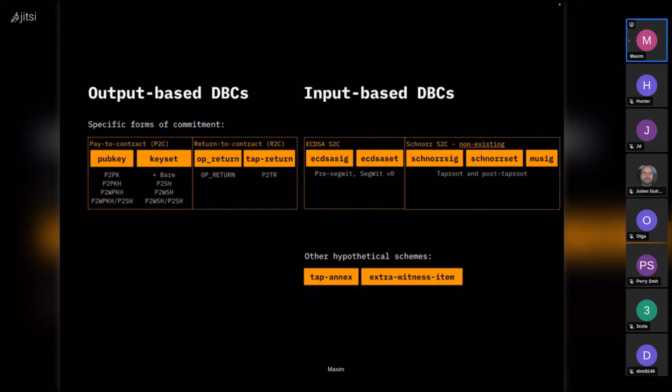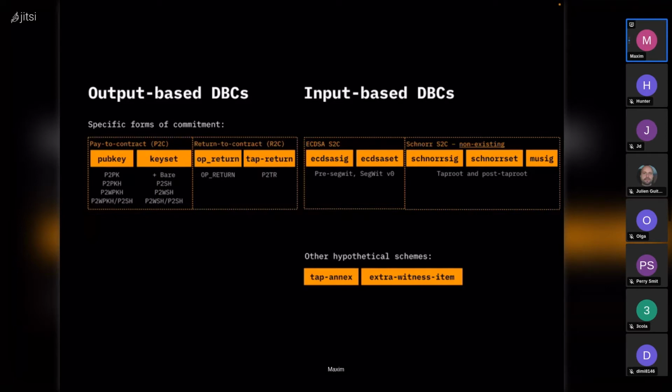We can, for instance, put the input commitment into the annex. Annex is a structure inside the witness introduced by Taproot, and this structure has a consensus meaning. However, this consensus meaning is not yet defined, and it will be defined in future soft forks. So putting the commitment into the annex is a really bad idea, because we do not know how it will be used in Bitcoin consensus.